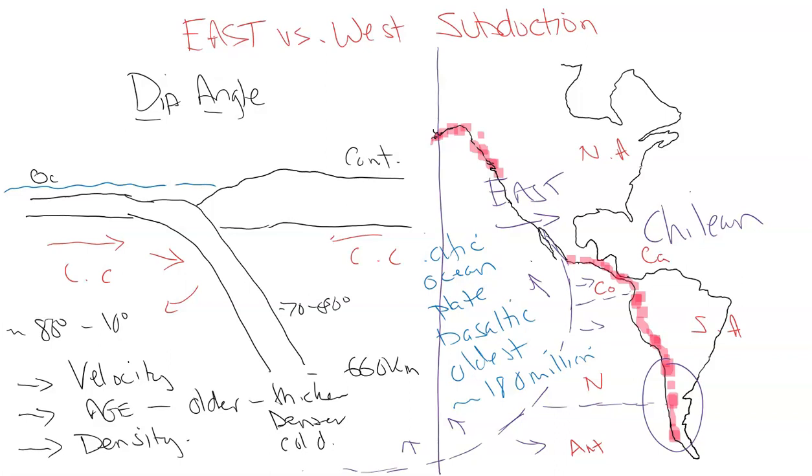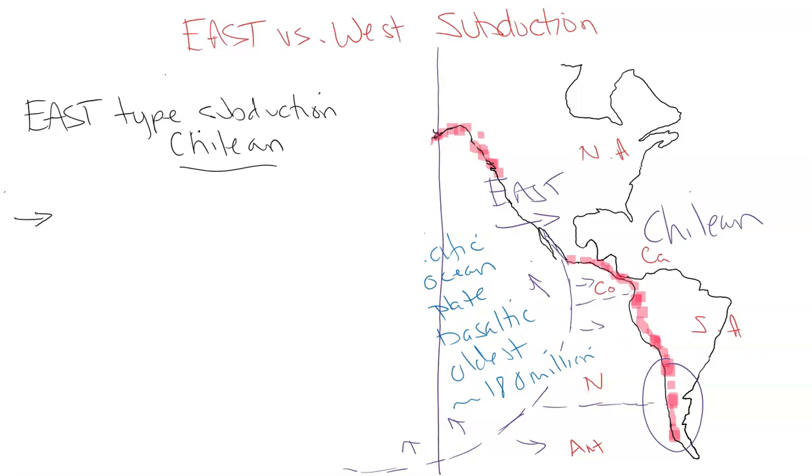So the dip angle is very important, and there's a difference between the east and west in their dip angles. So the first type we're going to look at in more detail is the east type subduction, the Chilean type. Now, the average dip angle of the Chilean, so basically the majority of convergent plate boundary and subduction on the eastern side of the Pacific Ocean, is going to be around a 27-degree dip angle.